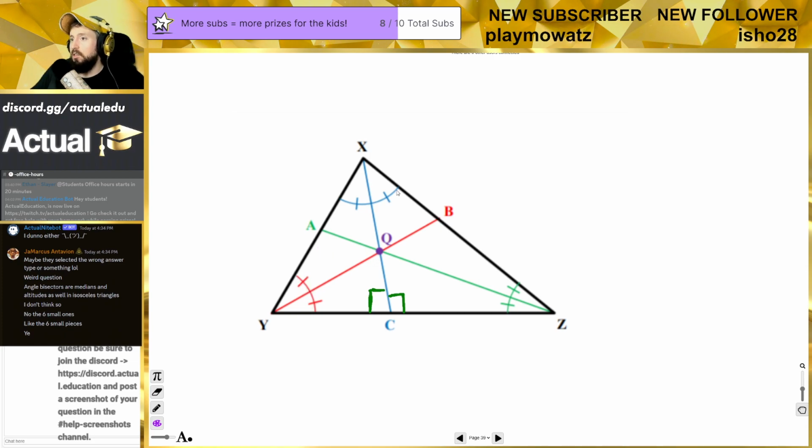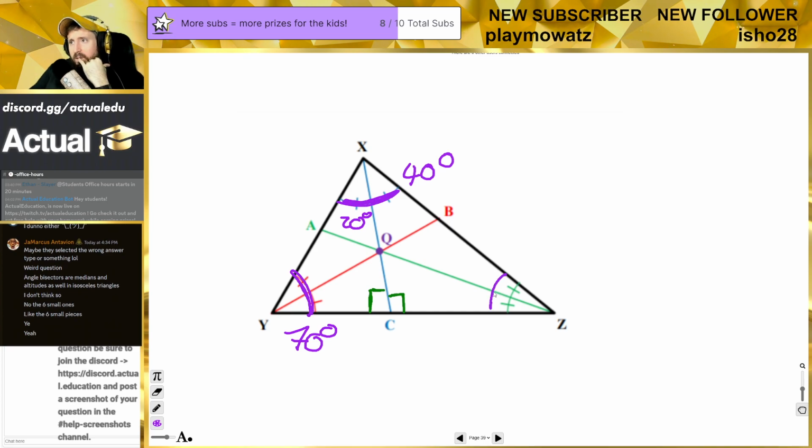Okay. Here's the other option. Let's make this one equal to 40. Okay? So now that this is 20, Jamarcus, now 20, 90, this one ends up being 110. Or sorry, this ends up being 70. Right? And for 110, this also ends up being 70.